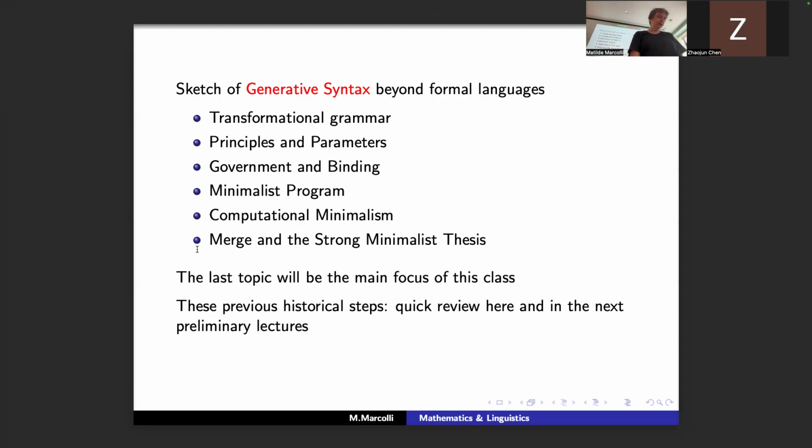The first shift was towards what is called transformational grammar, which is still partly based on formal languages, but partly on transformation rules between, not just on production rules, but on transformation rules.